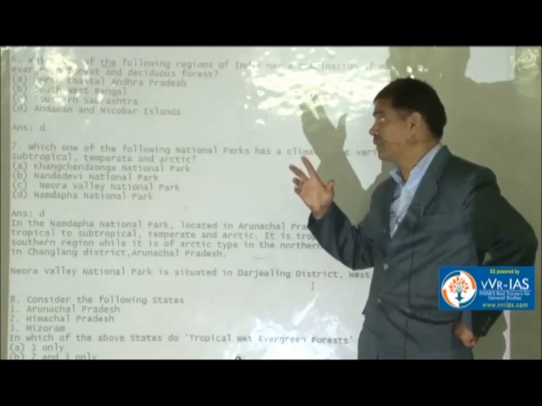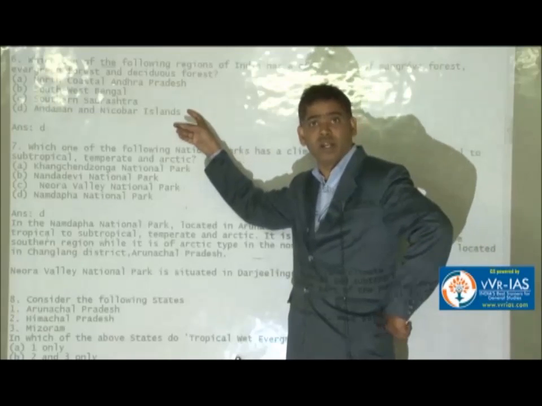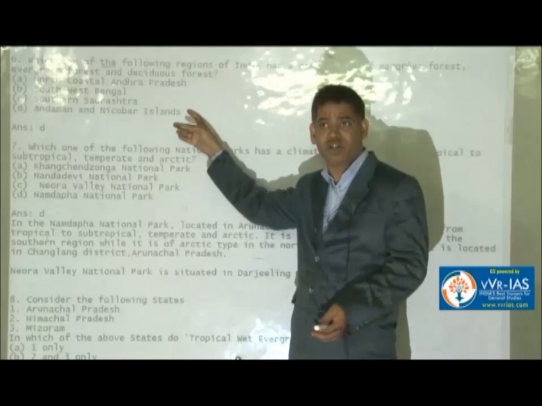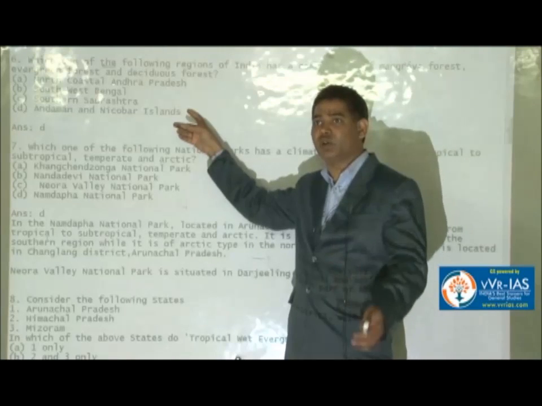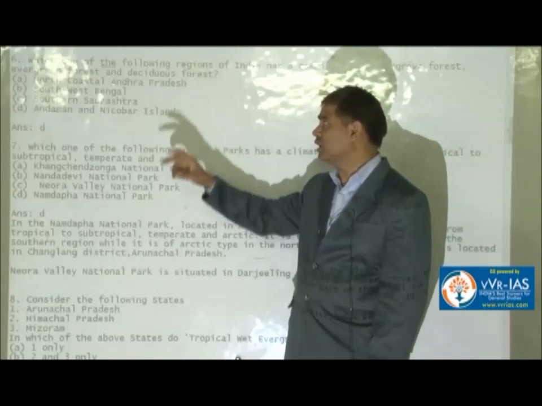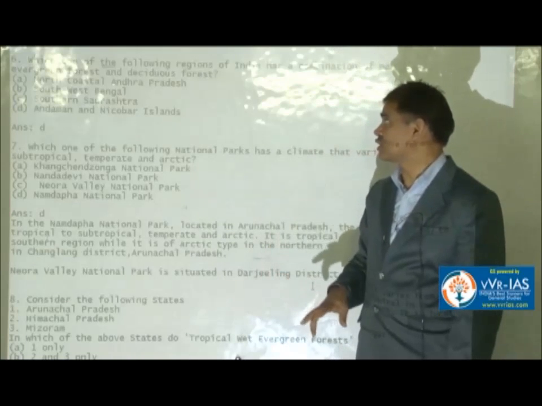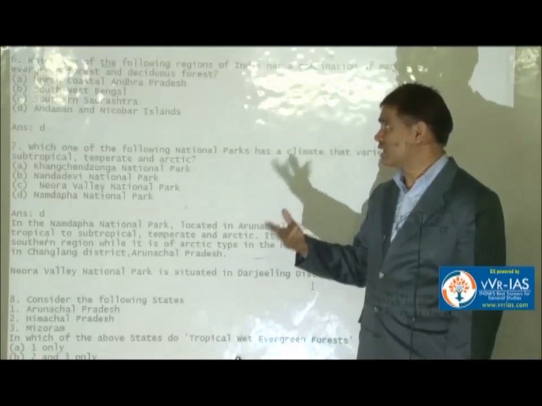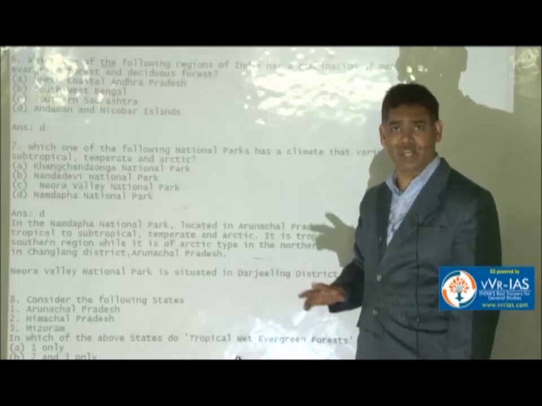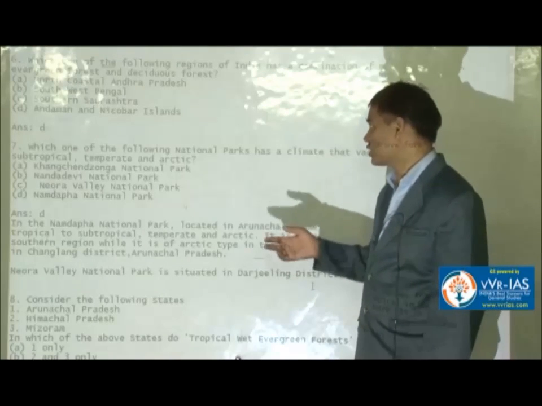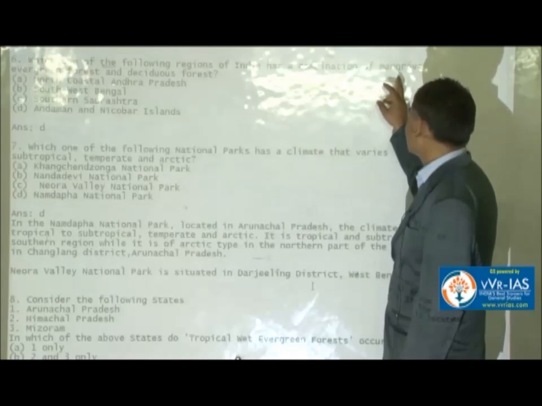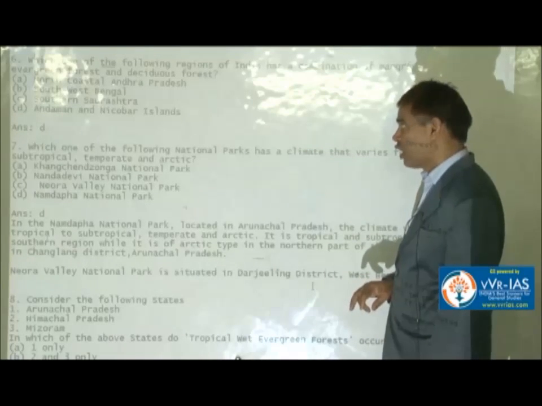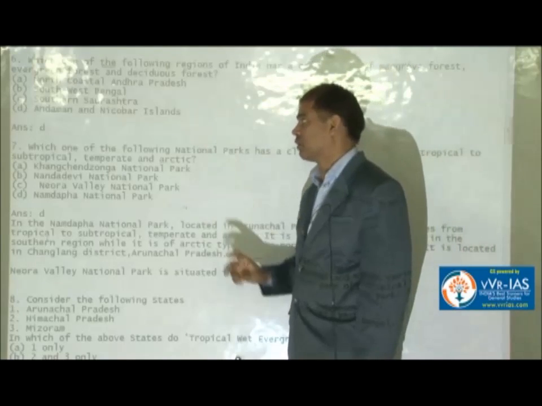But think about one place, the Andaman Nicobar. In Andaman Nicobar, you have mangrove and evergreen forest. In certain places, not all, there is a little bit of deciduous forest where there is less rain. Basically we can say that deciduous forest is not always available in Andaman, but at least two criteria are satisfied, mangrove and evergreen forest, hence we will go with Andaman Nicobar.